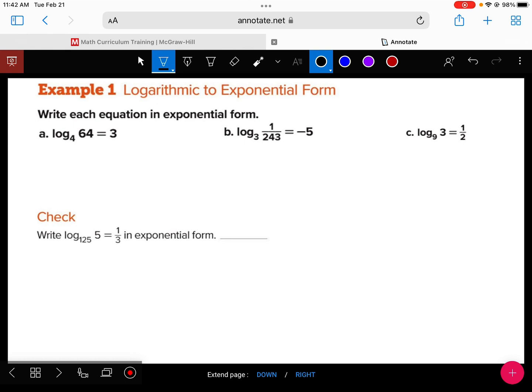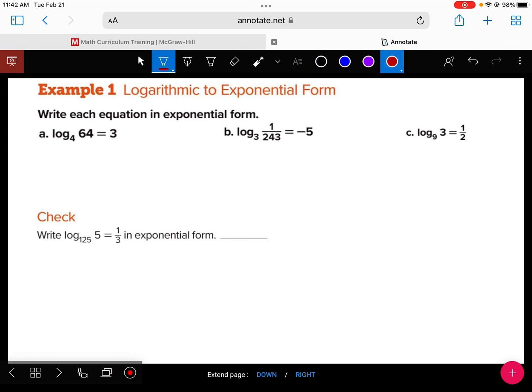They're all in logarithmic form. You could also just abbreviate that and say they're all in log form. If logarithmic or logarithm is too difficult to say, everybody abbreviates this as log. How do you know when you look at it that they're all in logarithmic form? Starts with log. If it doesn't start with log, it is not in logarithmic form.